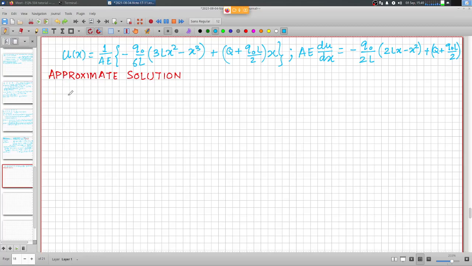So, approximate solution, let us say u(x) is to be approximated as u hat(x), and that leads to the residual r omega, that is given by, right, and r gamma.